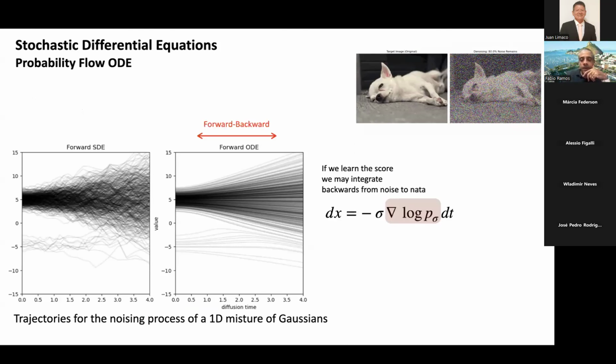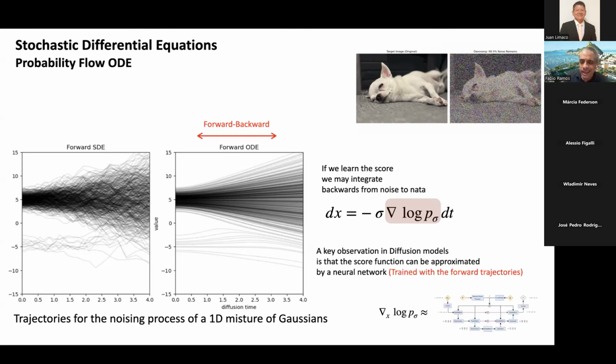And then the fun thing is that because it's an ODE, well-posed, etc., I can play it in reverse. So that's how I can go from pure noise to the original data, because I can just do a reverse ODE, right? And then a key observation in diffusion models is that I can approximate this sort of thing with neural networks. That's what I'm going to try to convince you.